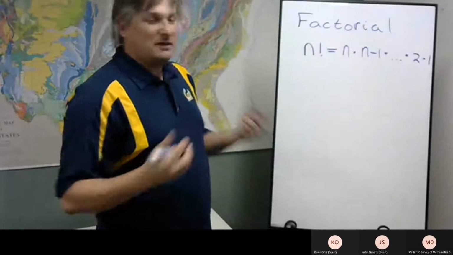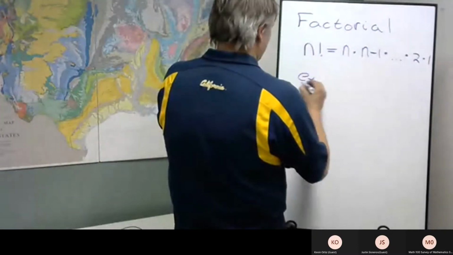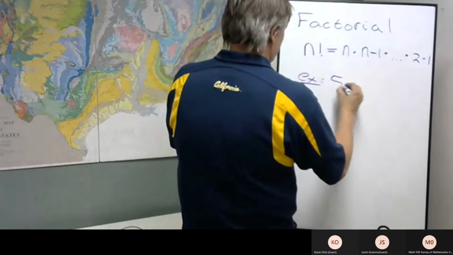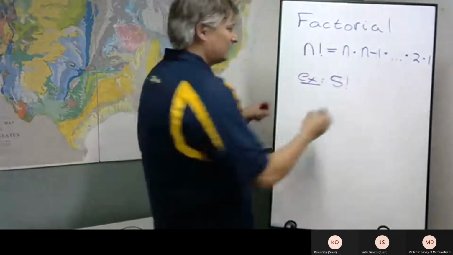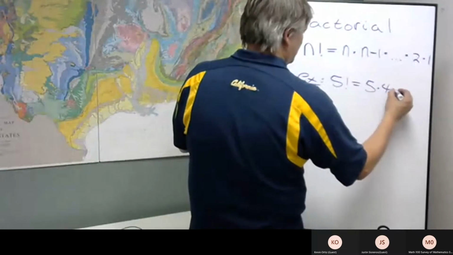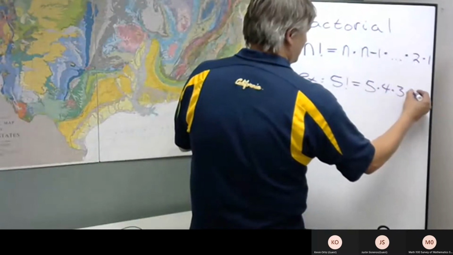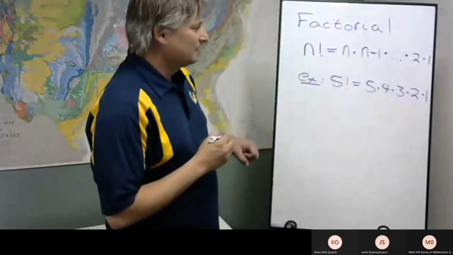So let me give you an example of what this does. Five factorial. What this means is 5 times 4 times 3 times 2 times 1.